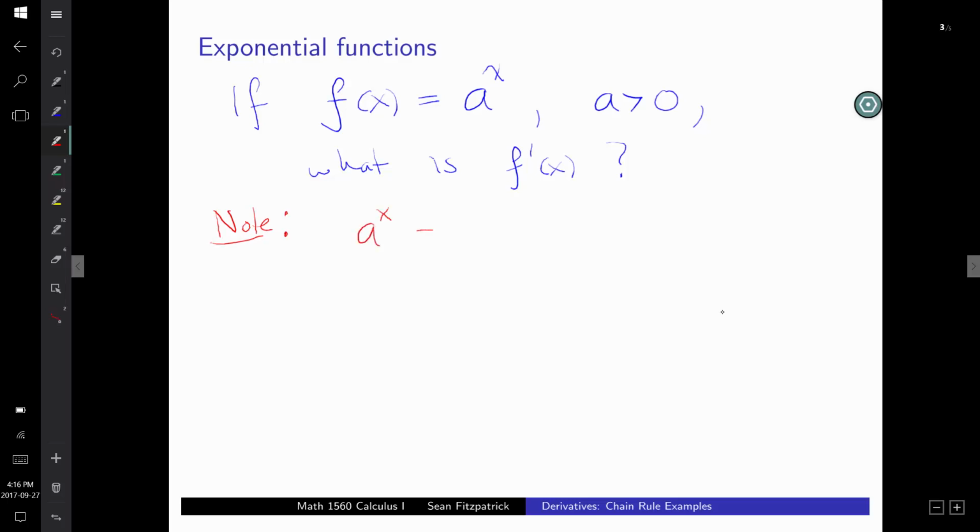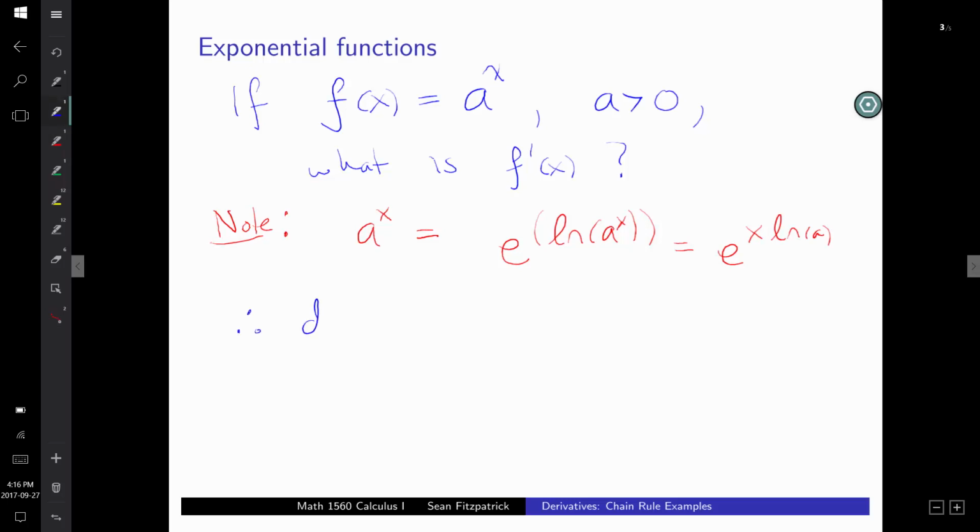A to the x is the same thing if I take the natural log of a to the x and then plug it into the exponential function, right? E and ln are inverses of each other, so I haven't done anything. Those are actually equal. And why is this useful? This is useful because, as we mentioned in the last example, that exponent can come down in front. And so I can write this as e to the x times the natural log of a.